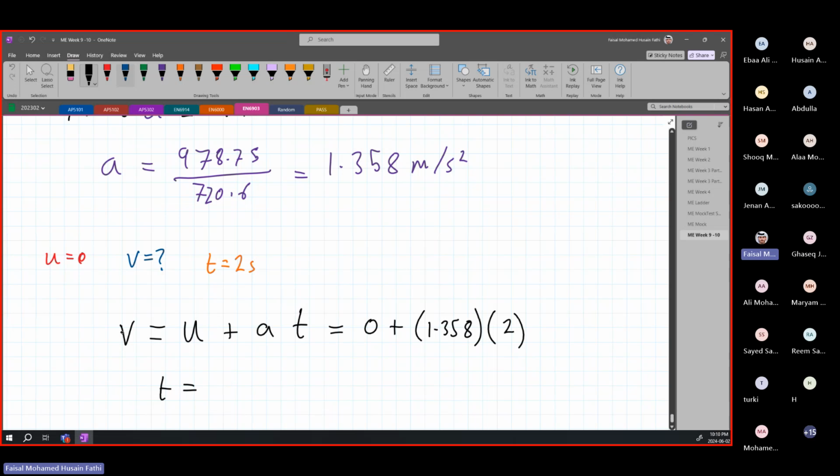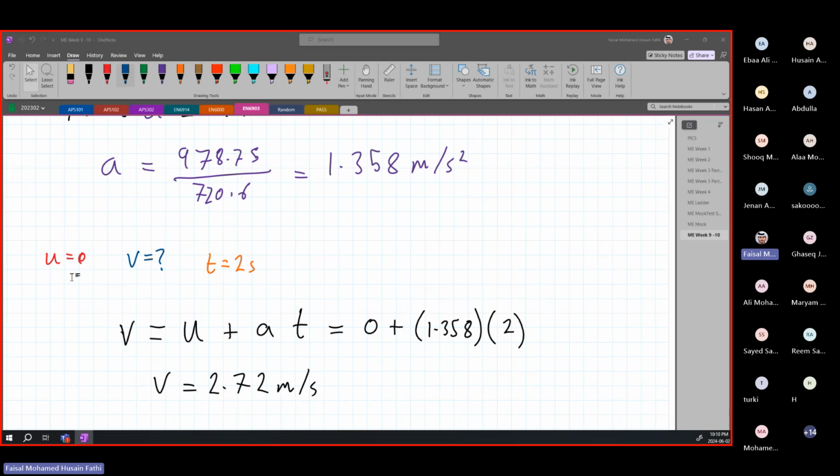Therefore, V is equal to this times 2, which is 2.72 meters per second. And this is your final answer.